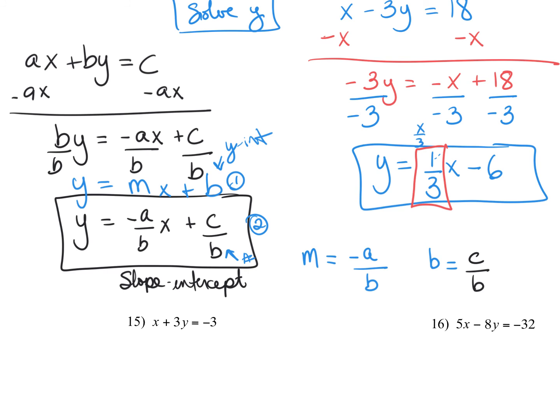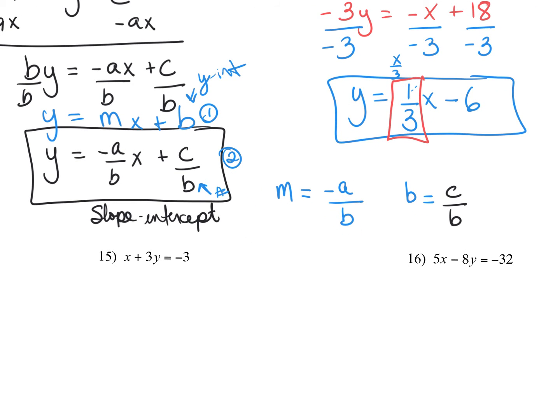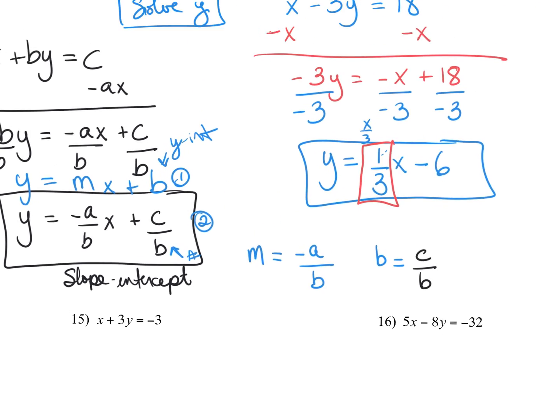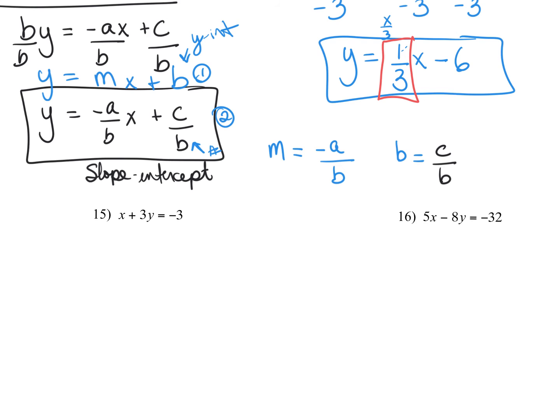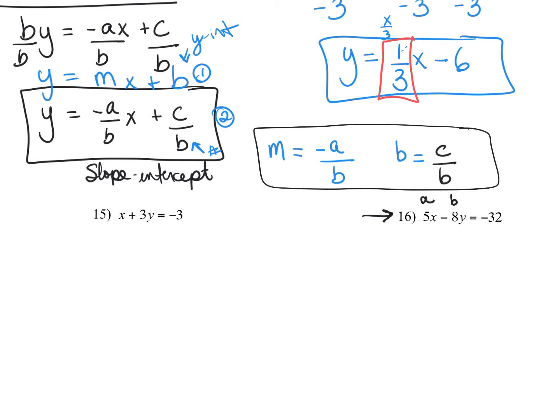Well, instead of going through the steps of solving the entire equation and putting it in y equals mx plus b, like I did with my first example, number 14, I can take this new information and look at number 16. In my standard form, the 5 is A, the 8 is B, and the 32 is C.